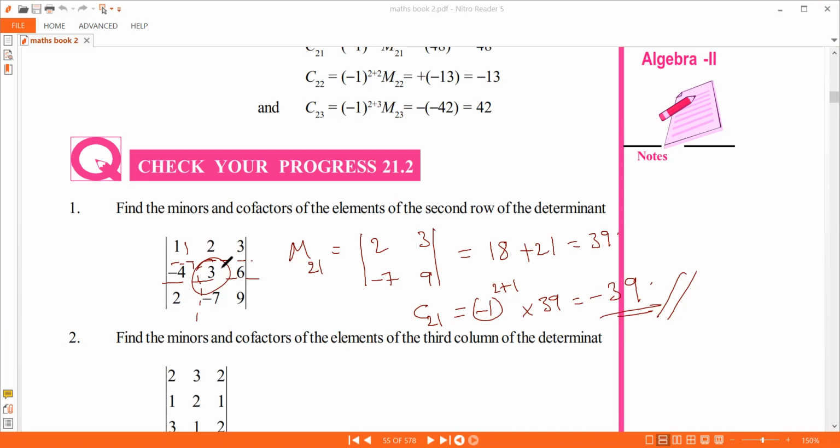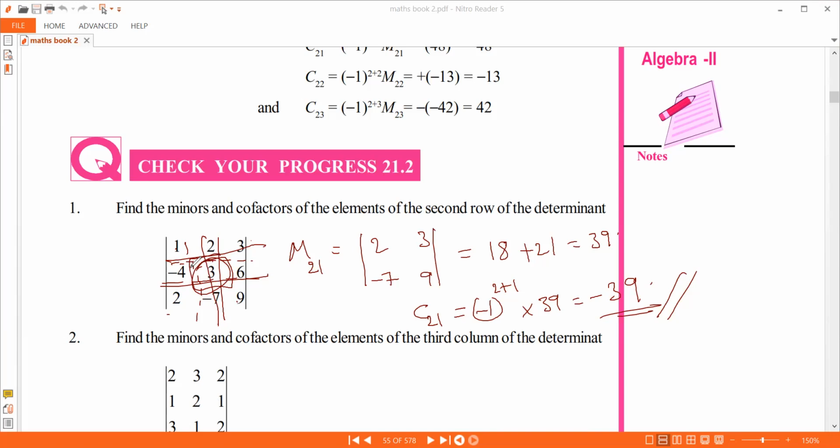M22 will be 1, 3 and 2, 9. You have to close the row and column. Sorry, I thought we were doing the second one, but we are doing the first question. Okay, that's why I thought M22.